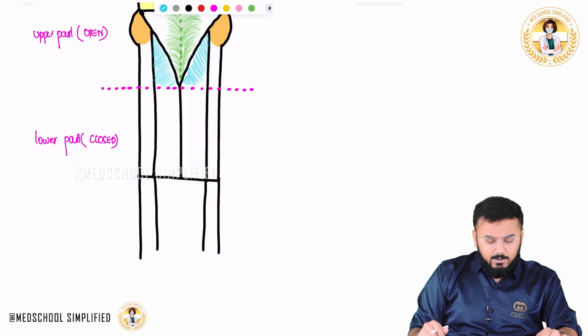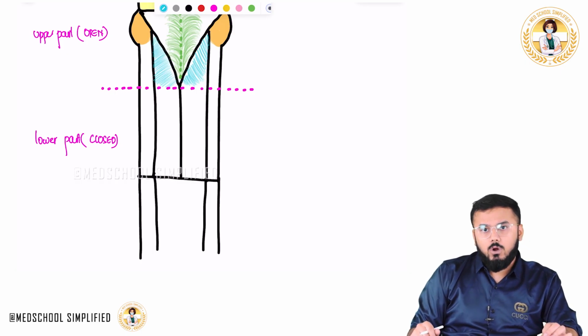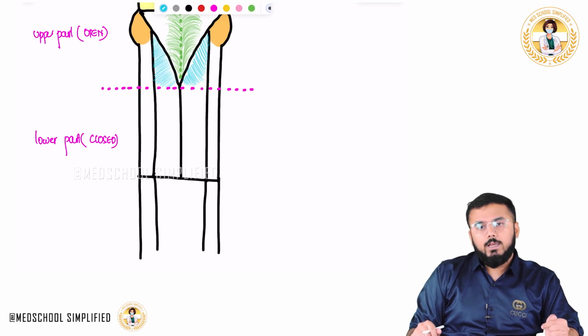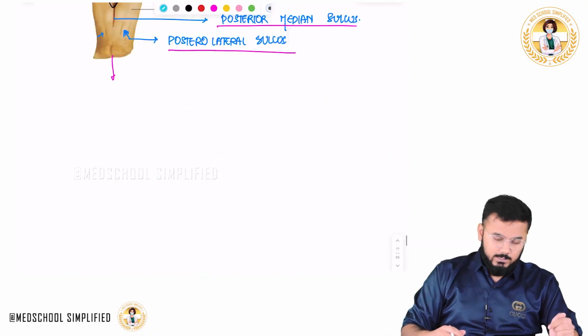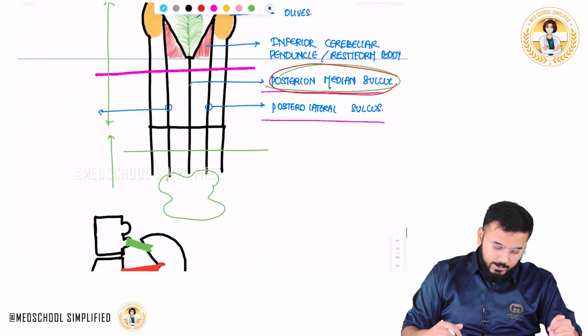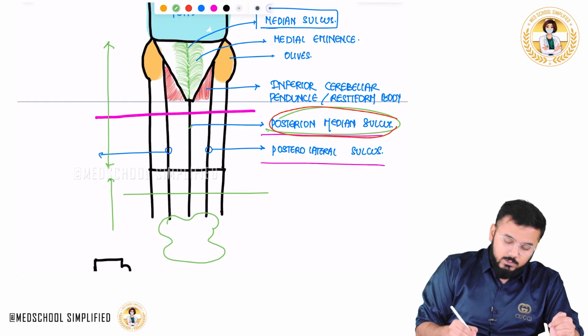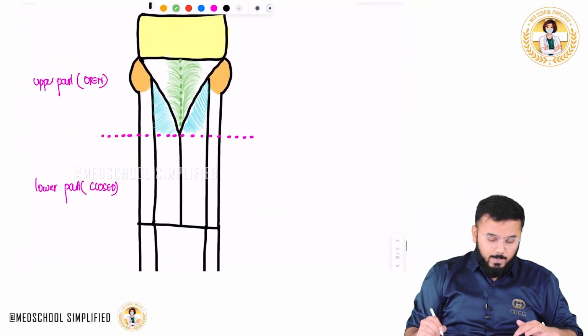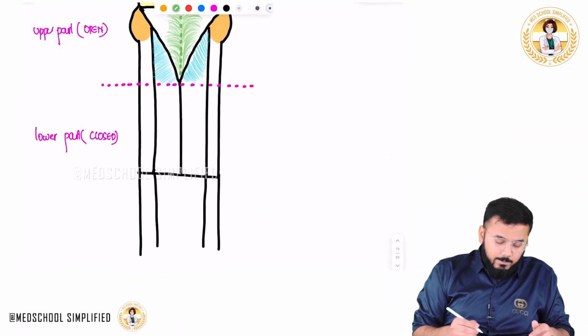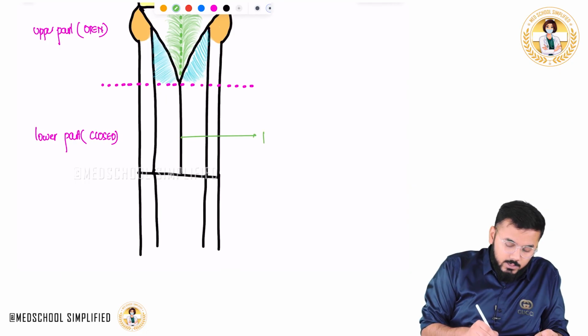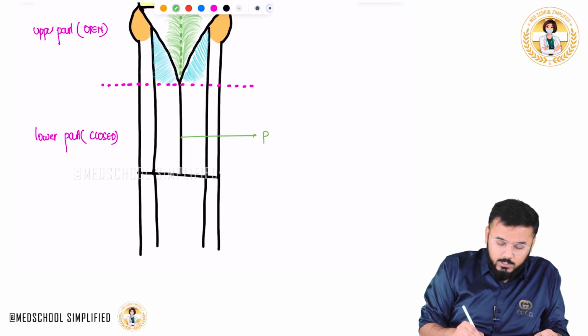Now this center line is called your posterior median sulcus, right? In the previous lectures we have discussed this already.